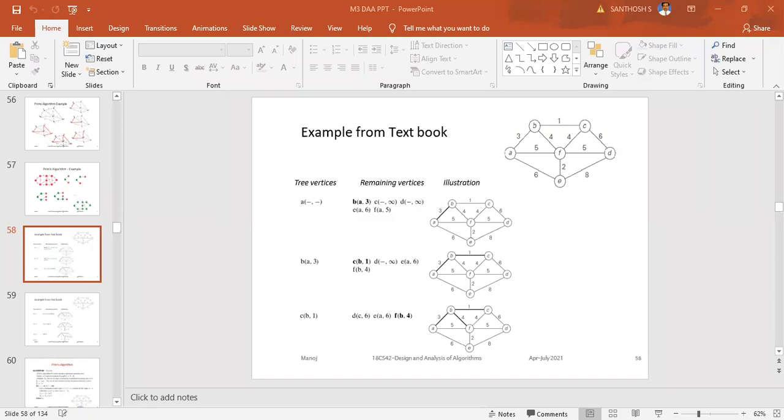F is reachable through B with 4 and through A with 5. So which one are you going to take? B comma 4, because 4 is the minimum compared to A equals 5.